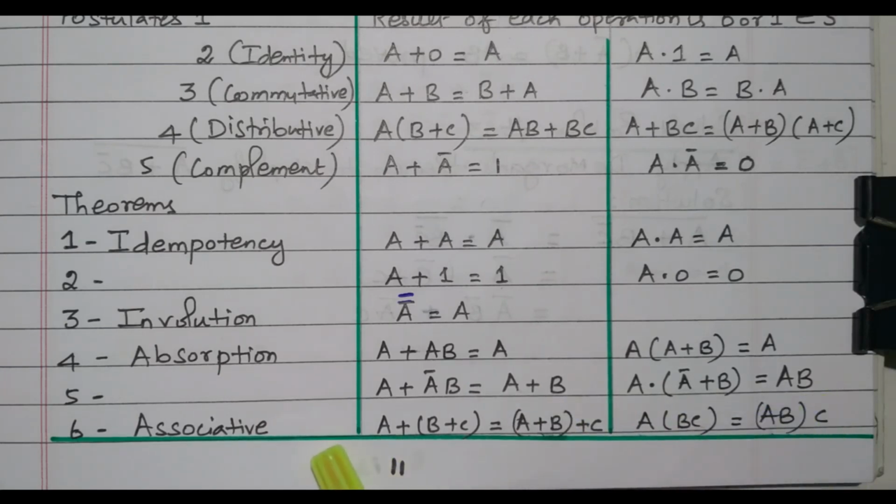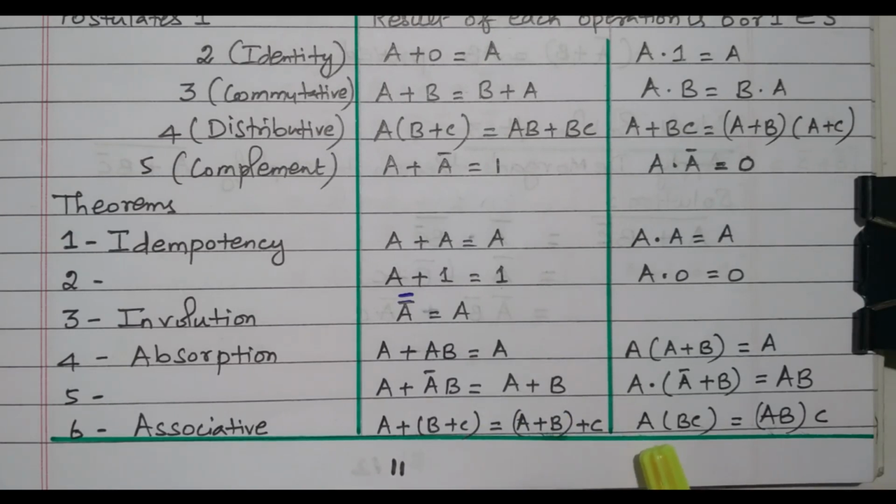Similarly another one, the associative law: A plus (B plus C) equals (A plus B) plus C. We can add B and C together and then add with A, otherwise A and B can be added together and then added with C. Both give the same value.